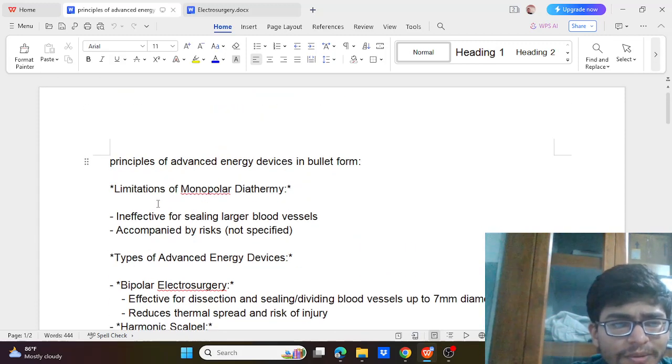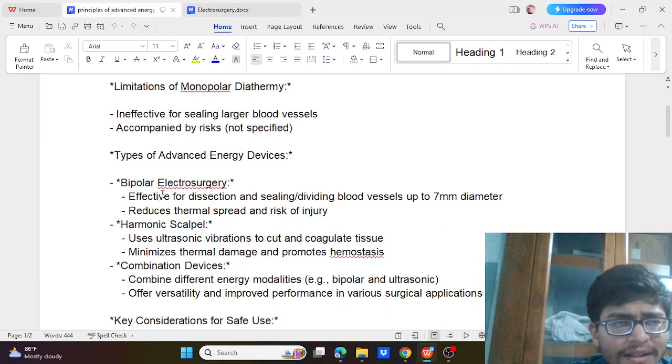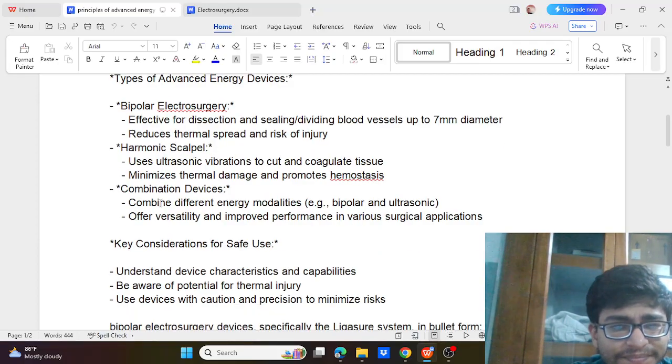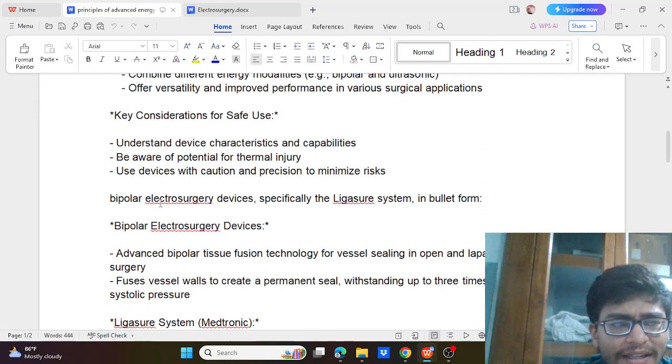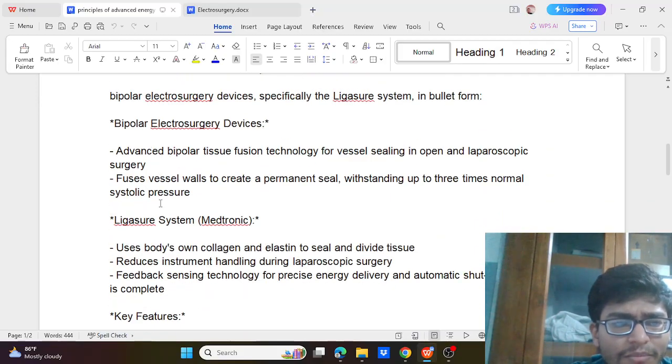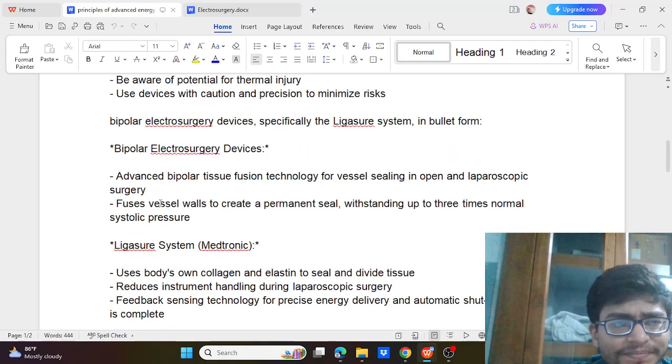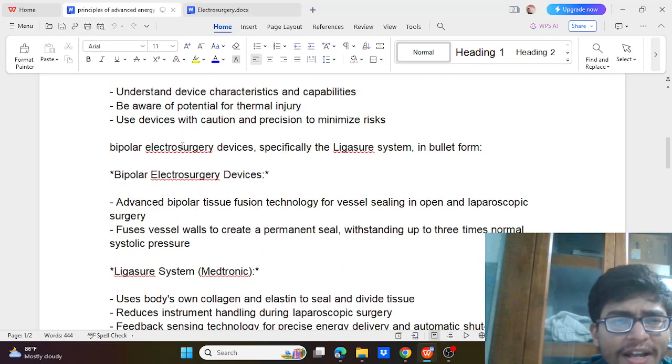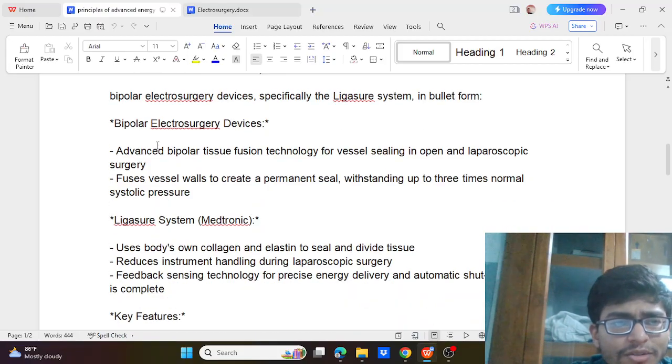As we have seen the details, some more detail I would like to add. So bipolar electrosurgical devices like the LigaSure. Bipolar electrosurgery devices can be used in open and laparoscopic surgery.